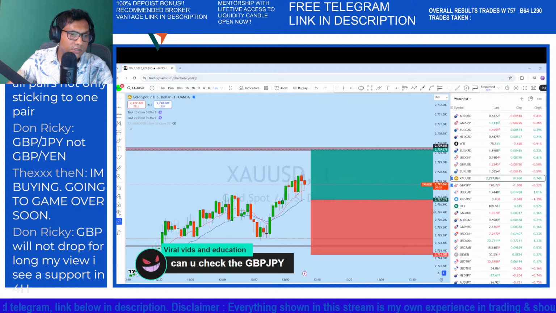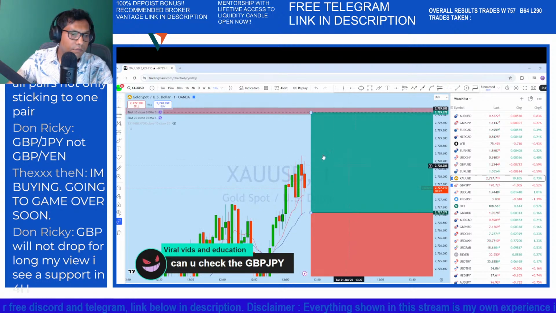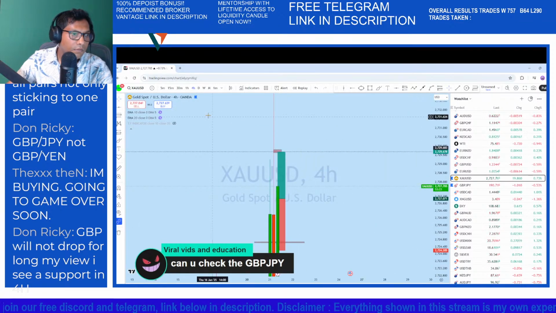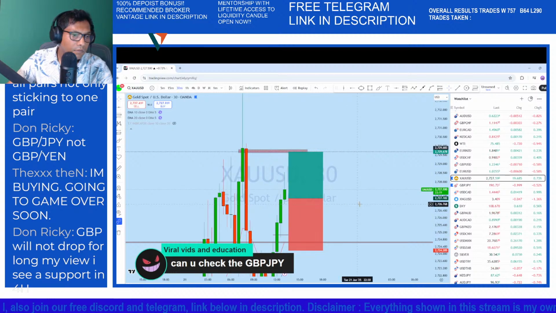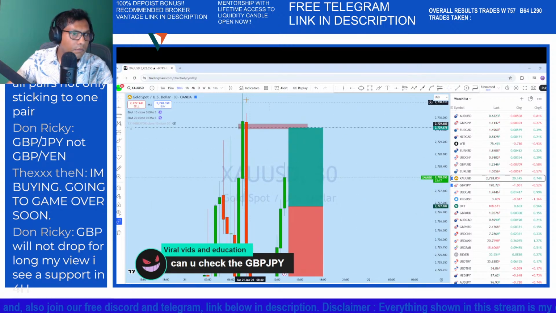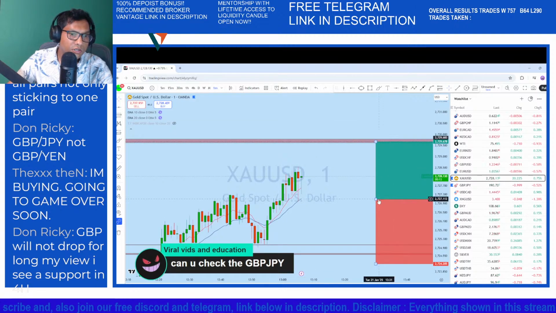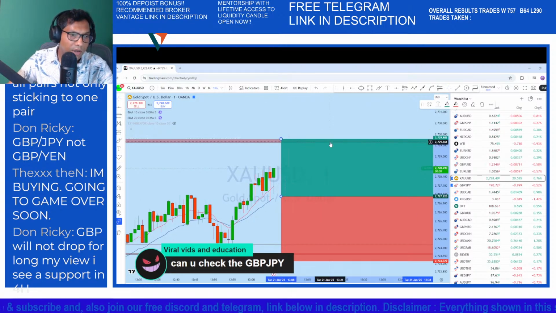So here is, okay, there is another doji. So with the long wick doji, okay, so want to see a bounce.